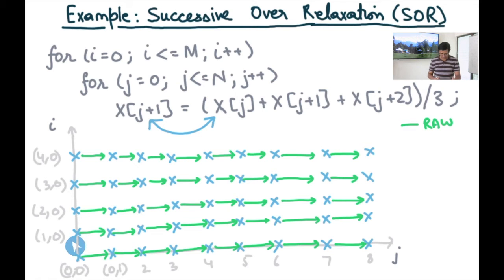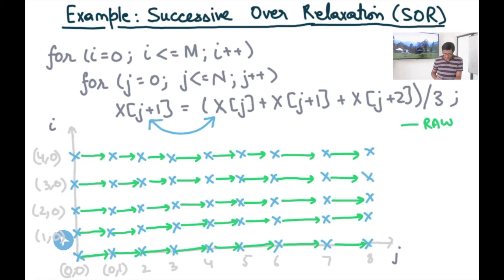Similarly, there is a write-after-write dependency from (1,0) to (2,0). In other words, I cannot execute the (1,0)th iteration before the (0,0)th iteration. You may say it's a commutative operation, but once again, these plus and assignment operations are placeholders for more complicated expressions which may not be commutative or associative.